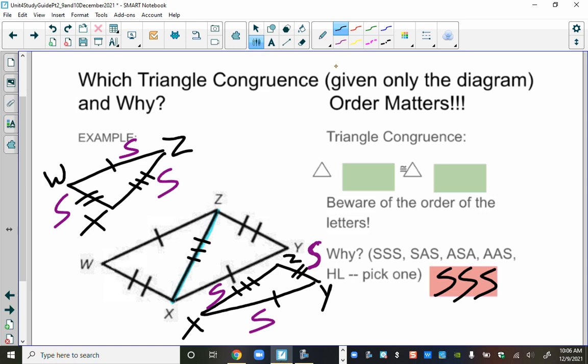So she's going from Y to X up to Z. So she started at Y, and then she went down the first side. YXZ, okay.